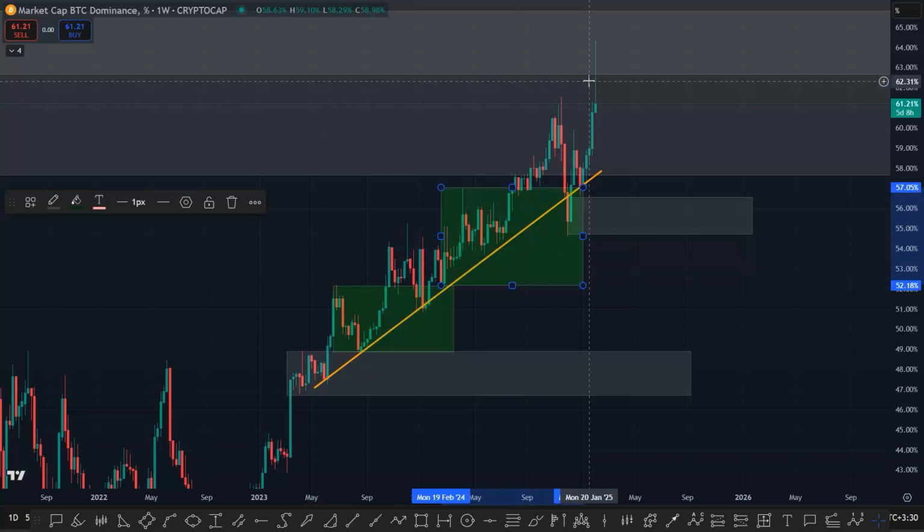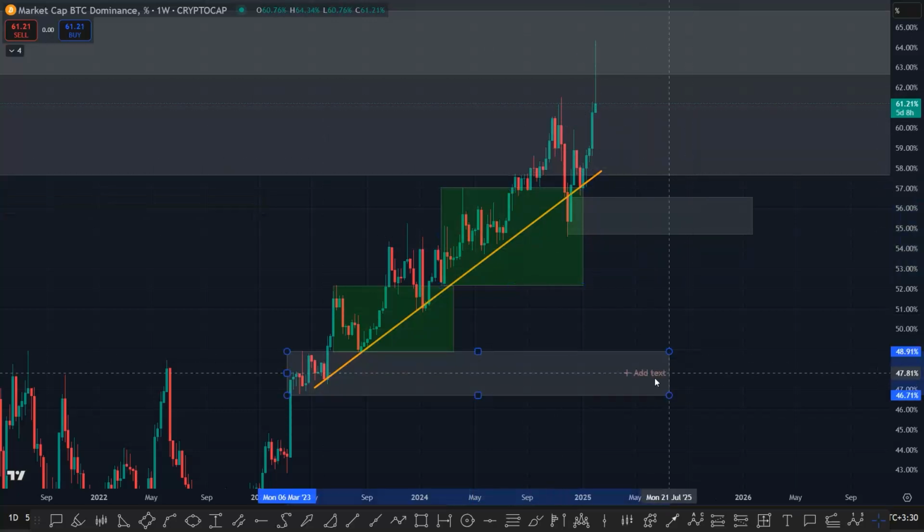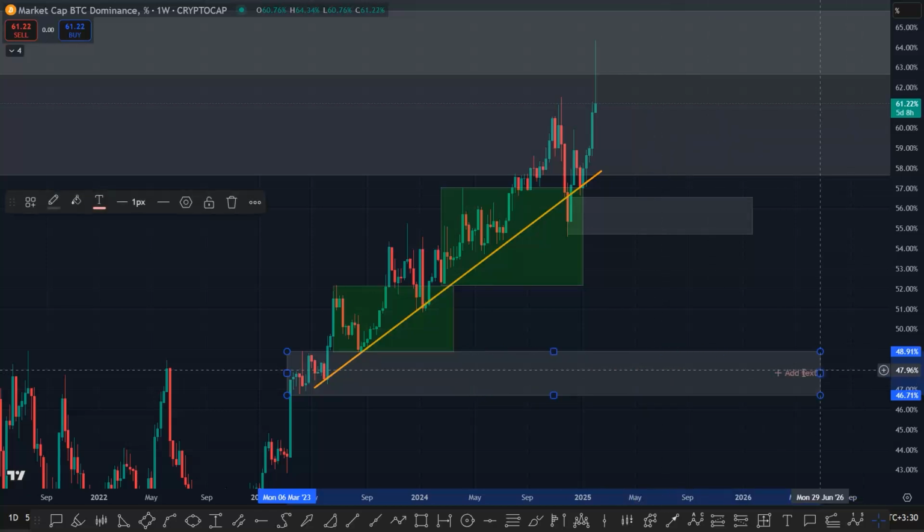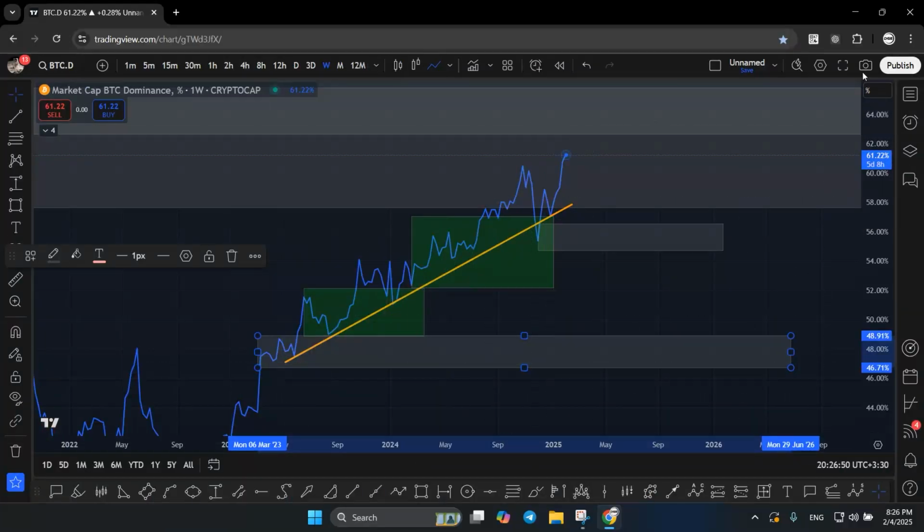If we want to go downside and see a reversal, the only solid ground that can act as strong support for us is this zone, because we didn't have any touch and it's an unmitigated zone. So 47%, I'm going to say, will be our destination to the downside. But let's check the line chart here.